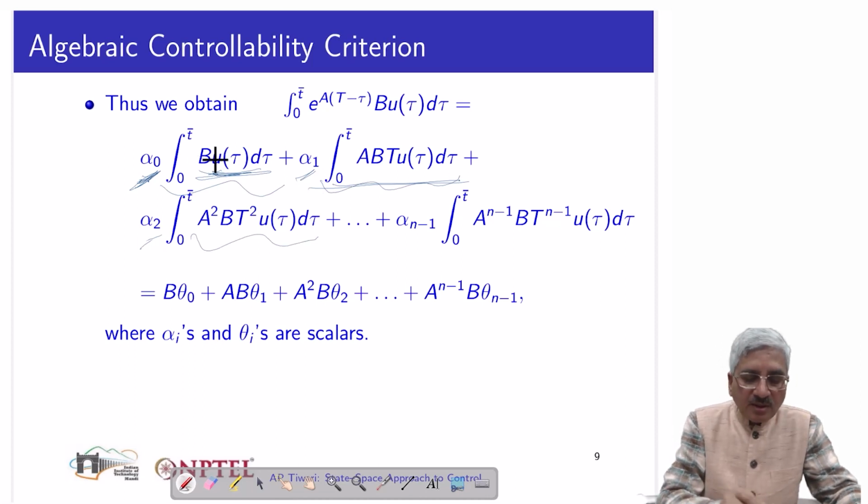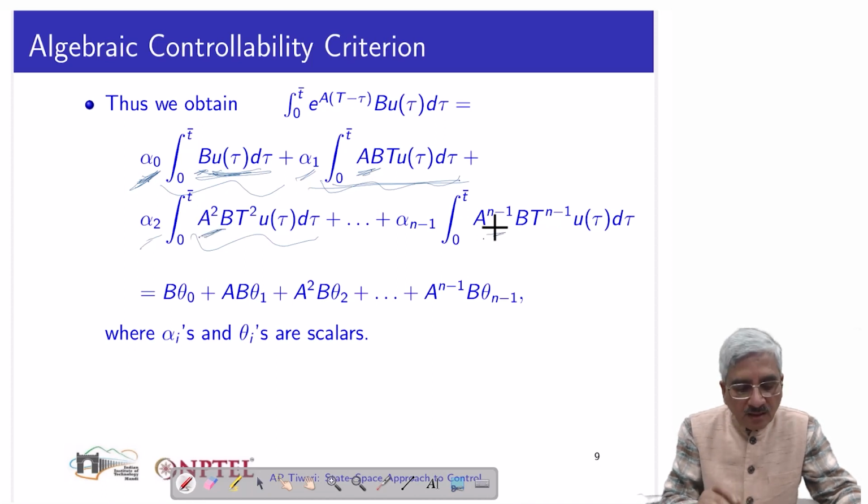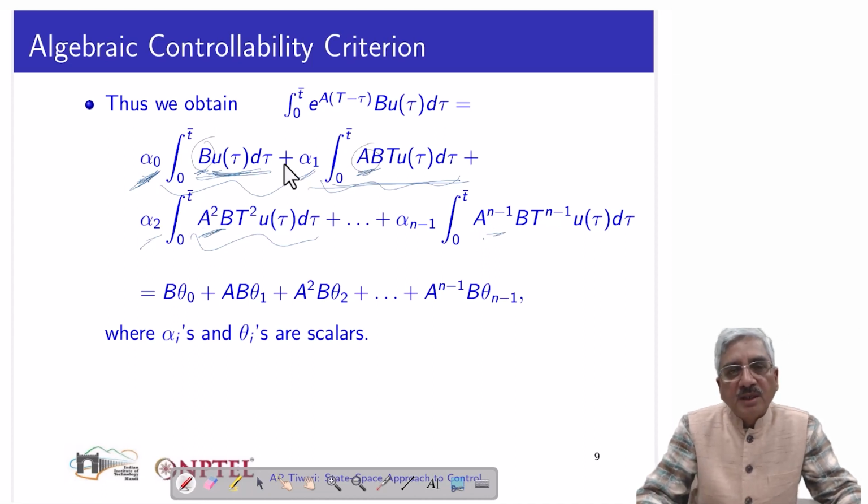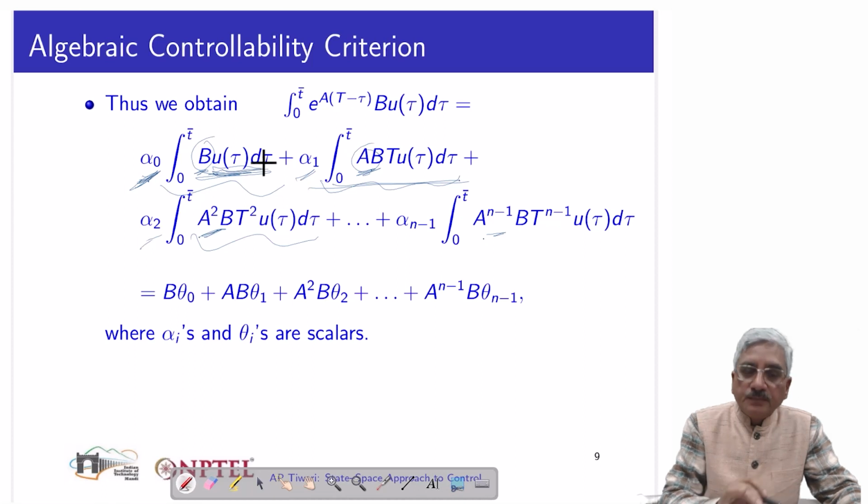So everywhere they are looking identical, except that here B into identity, here A into B, here A square into B, and so on. And now we can think of taking out B, AB, etc. outside the integral, because they are constant matrices, and we can only evaluate the quantities which depend on time, integral of that. So 0 to t bar u tau d tau, 0 to t bar t u tau d tau, and so on.